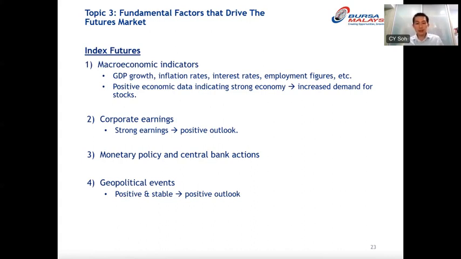To make it simple, positive economic data would indicate a strong economy, which may lead to an increase in demand for stocks or increase in company earnings. So this is where it may be causing the index futures to go up higher. And conversely, a negative outlook from the economic indicators may cause a decline in the index futures.